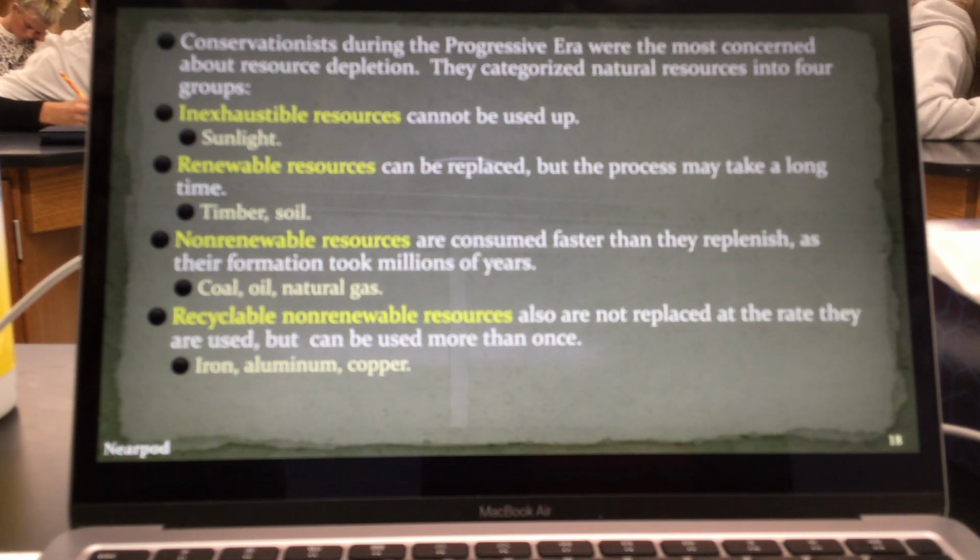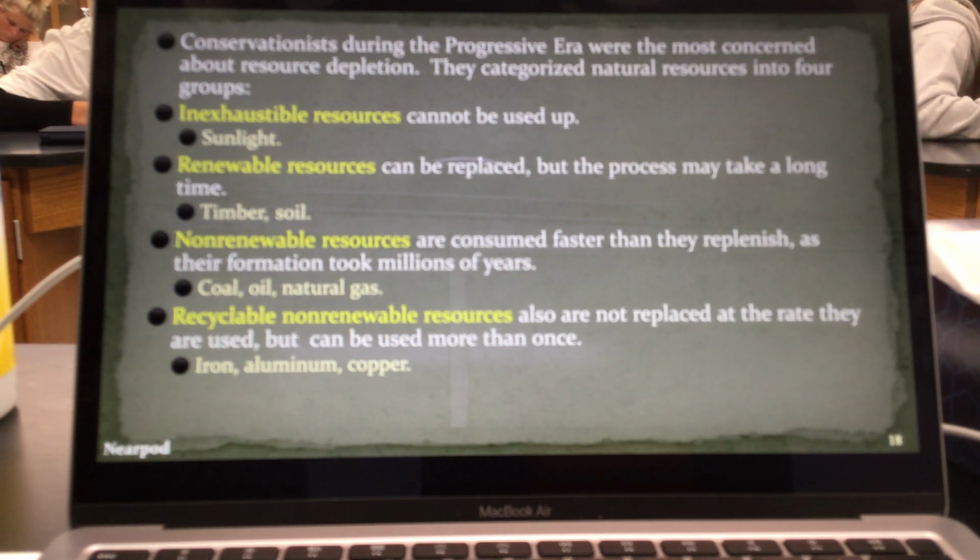I'm assuming you all know that when you use iron, aluminum, or copper specifically, once they're used and you're done, you can take those to places to recycle them and you get paid for them, right? So we have things in place that promote the recycling of those resources.